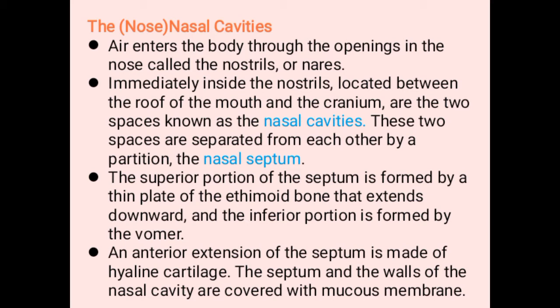The anterior extension of the septum, the flat part that we can easily see with our naked eyes, is hyaline cartilage. That's why the septum is not really fixed, but can be easily moved, because of the hyaline cartilage it is composed of.